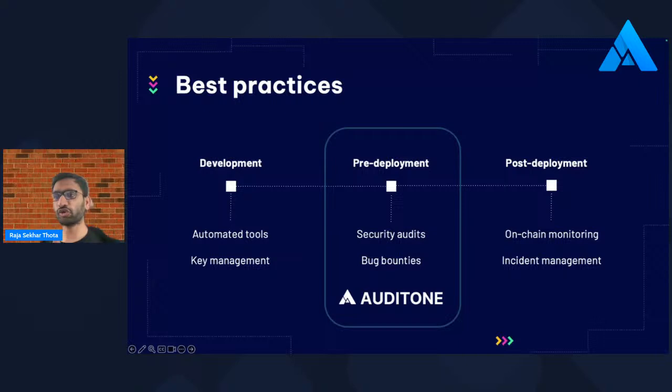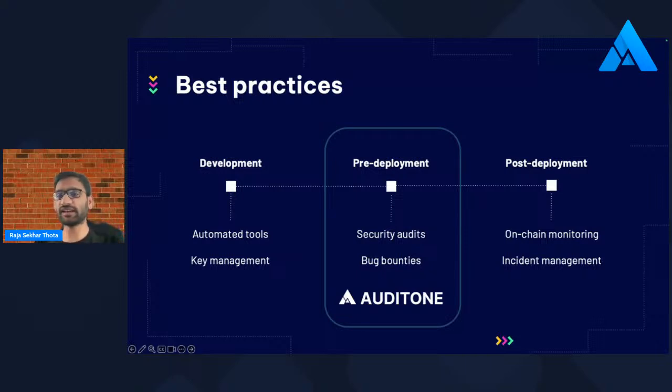That means not just your team is looking into the code, but you can approach third parties like AuditOne in order to perform security audits, where auditors, the third-party experts who specialize in security, look into what could be the potential vulnerabilities and potential exploits that could happen if this smart contract is deployed. This is where the security audit plays an important role before deployment.